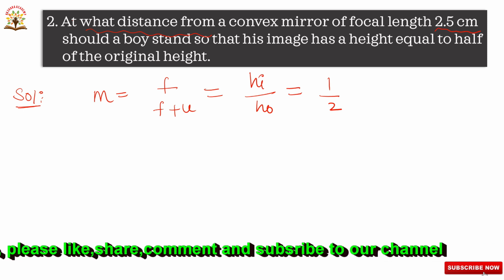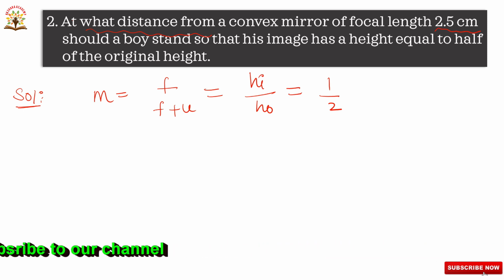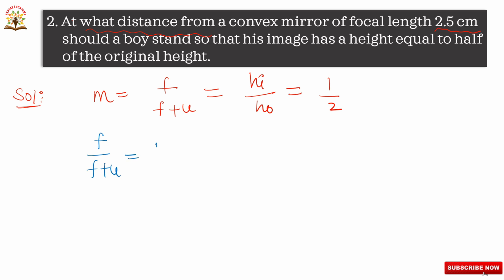So f by f plus u is equal to 1 by 2. Now taking cross multiplication, 2 into f, 2f is equal to f plus u. So 2f minus f is f. From this we write f is equal to u.